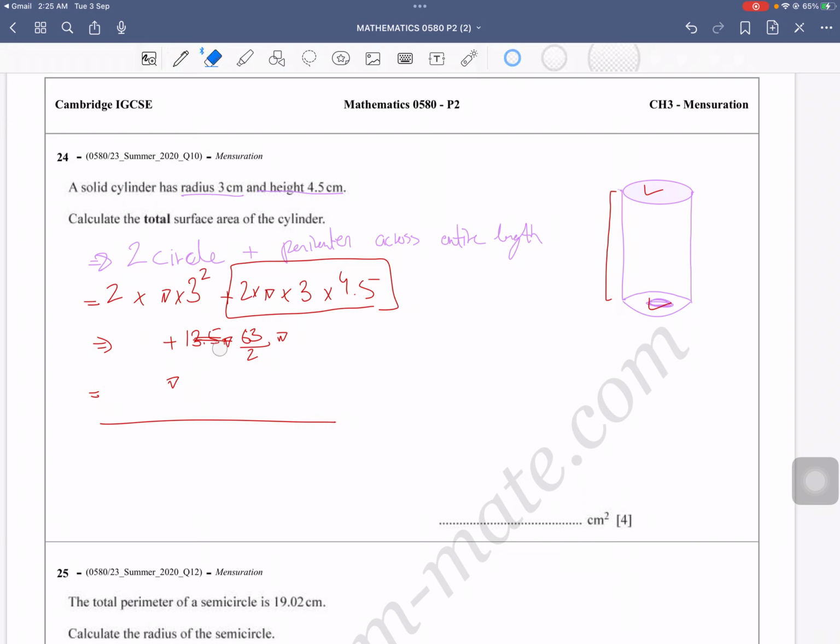Just to clean up the working: 18 pi plus 2 times 3 times 4.5, which is 27 pi, gives 45 pi, right? And 45 pi is equal to 141.37.